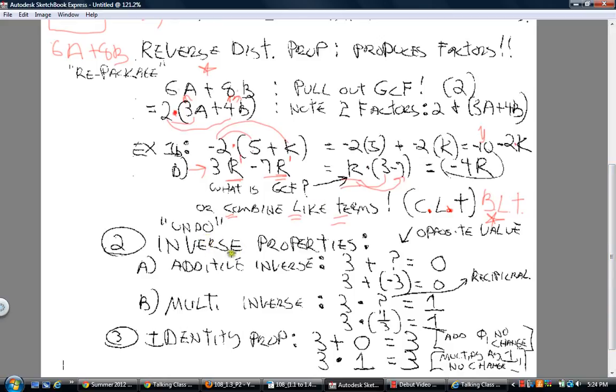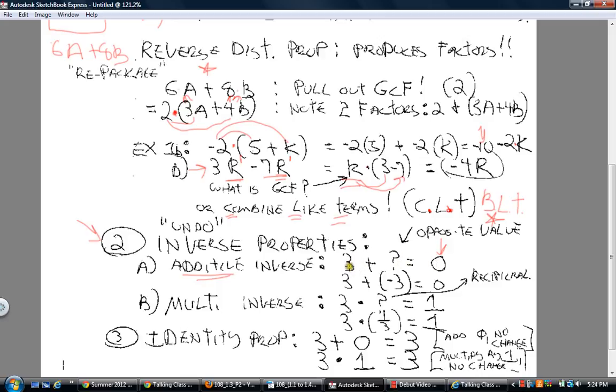Now let's look at objective number 2 here real fast. And the inverse properties, they undo. And additive inverse, what can you add to a number that produces 0? Now these properties, we use these over and over again in isolating the variable. So ask yourself, 3 plus what equals 0? And ask yourself this idea.